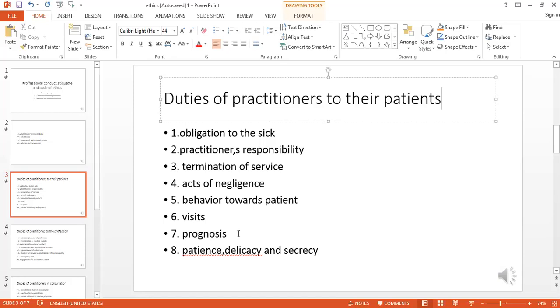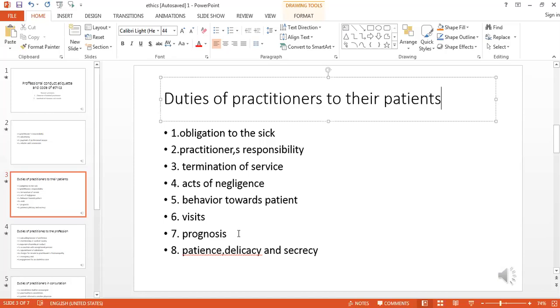If that patient is having a fatty liver, cirrhosis of liver, or a kidney stone, then ask that patient not to take alcohol, not to use tobacco or cigarettes, because this will affect the health of that patient. So there you have to tell some things to the relatives and some things to the patient also. In this way you should be crystal clear with the prognosis of the patient, with the relatives or with the patient himself.